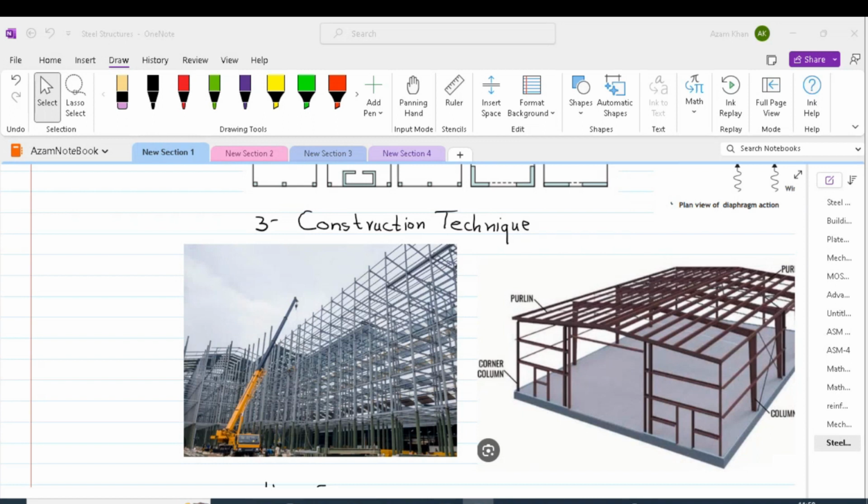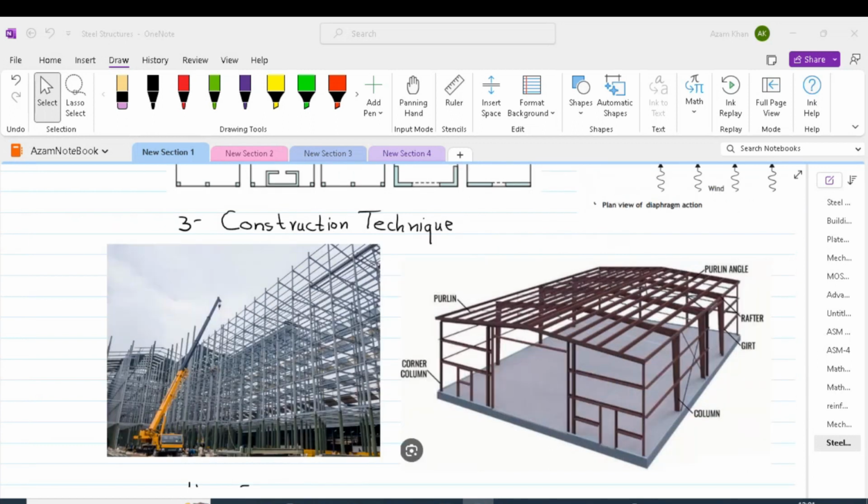However, there are construction techniques specific to structural forms, especially during the erection stage of steel structures. For example, we can have a top-down construction or a bottom-up construction of steel structures. These approaches refer to the sequence in which various construction activities are carried out.